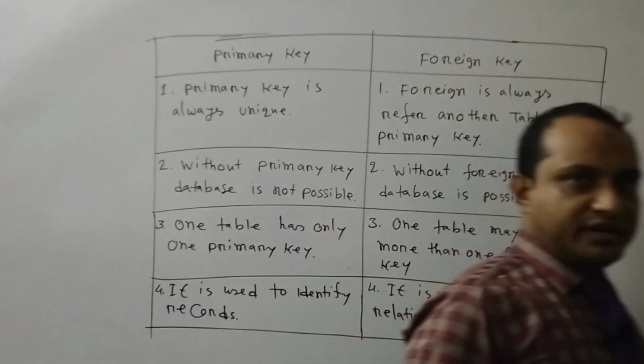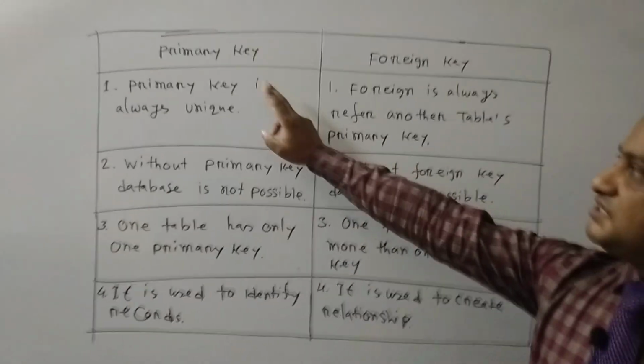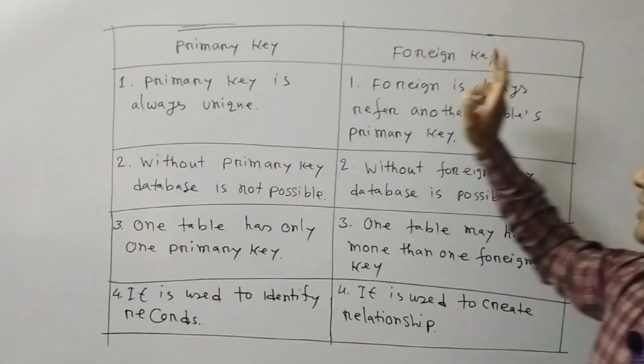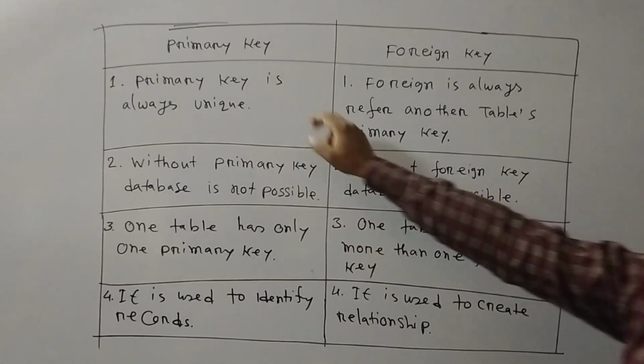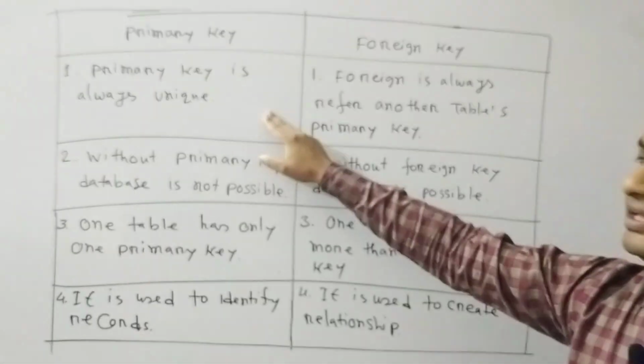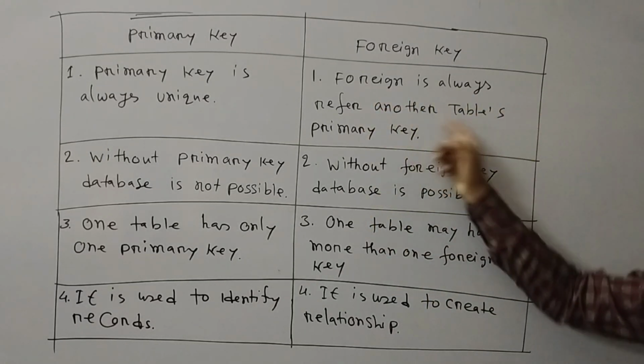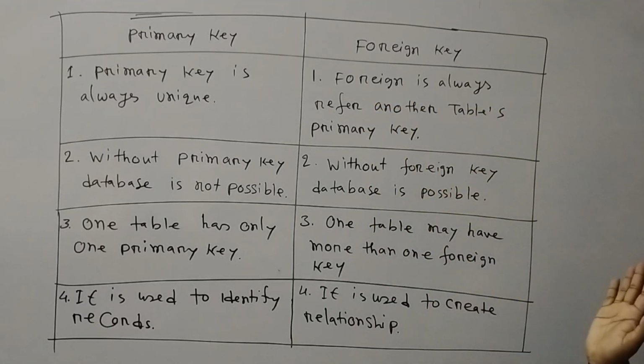Now dear students, I have just written the difference between primary key and foreign key. First one is, primary key is always unique, and foreign key always refers to another table's primary key.